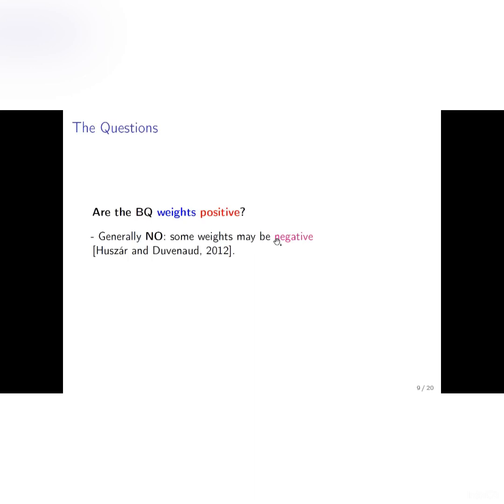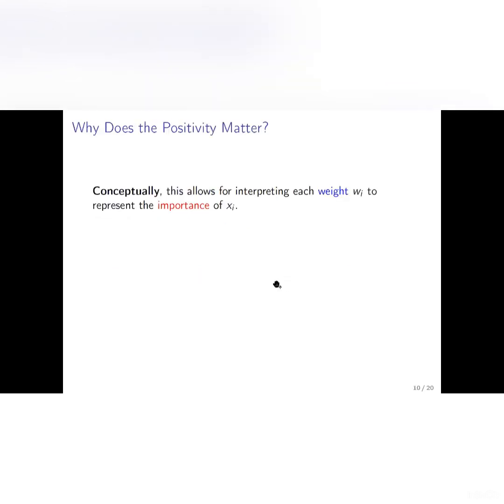Okay? So the question might be rephrased in this way: under what conditions do the Bayesian quadrature weights become positive? This is the main question in this talk. And why does the positivity matter?